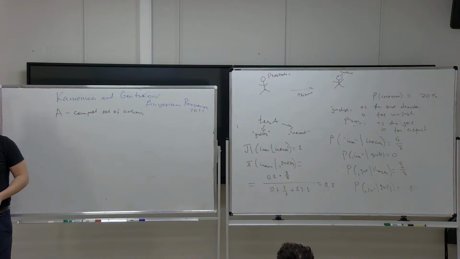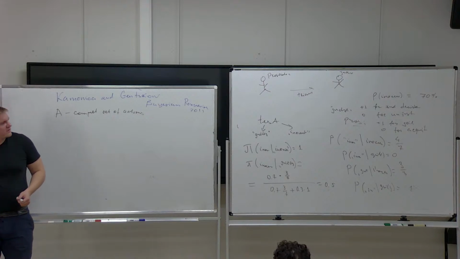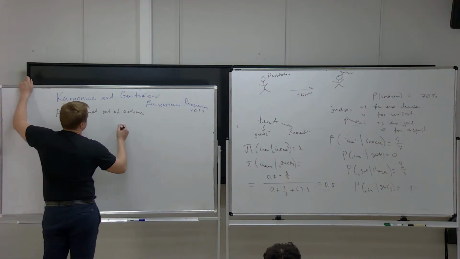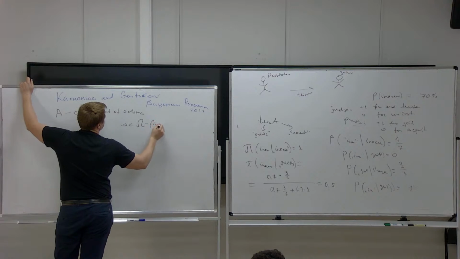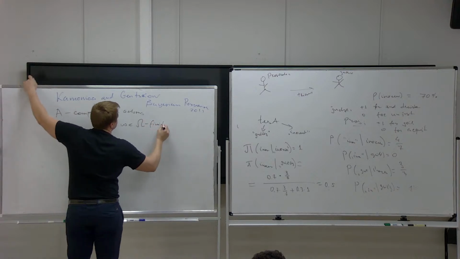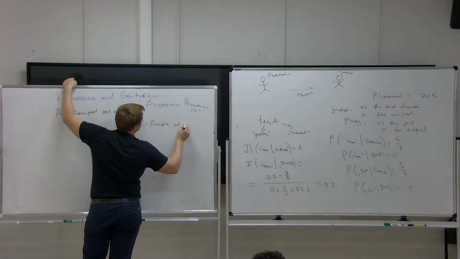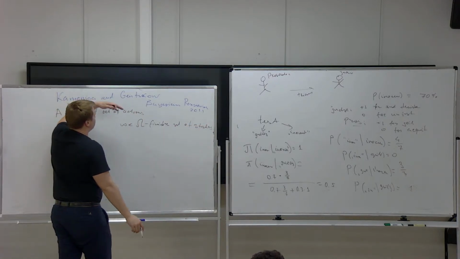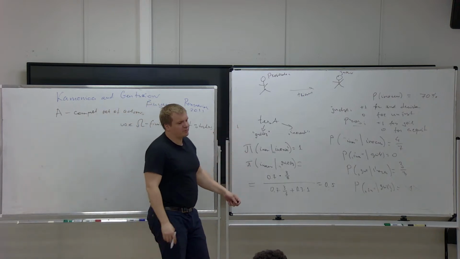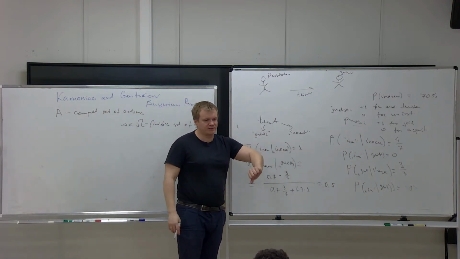And there is a finite set of states of the world. So in our previous example, the state of the world was a person either innocent or guilty.